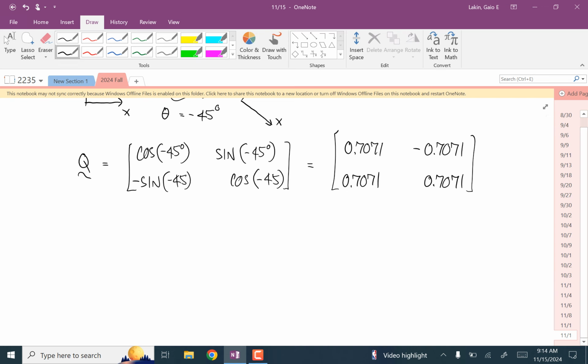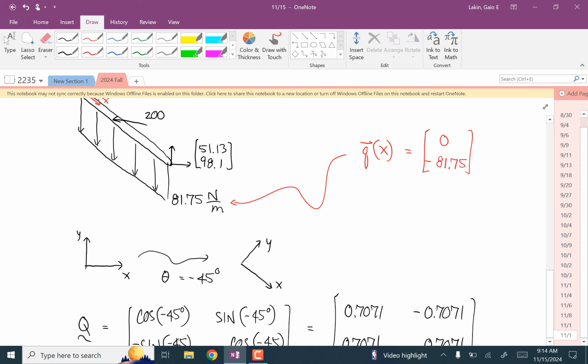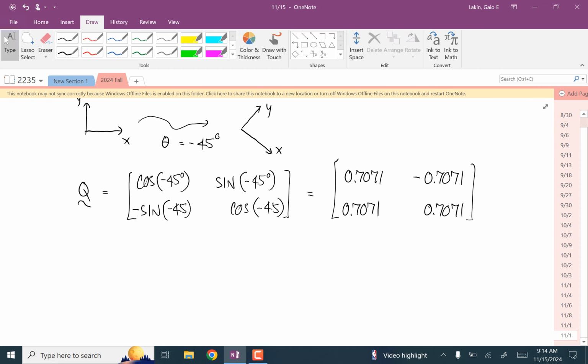But okay, all that matters for the rotation matrix are angles. So let's start with the 148. So we have 0.7071, minus 0.7071, positive 0.7071, positive 0.7071.